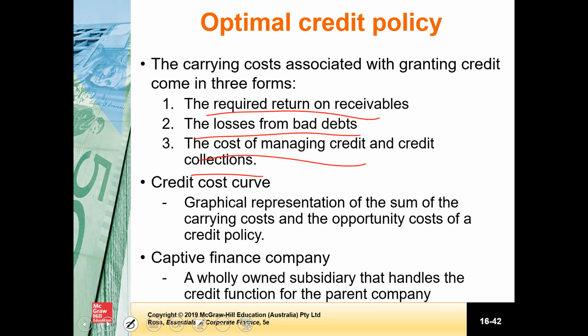This foregone benefit comes from two sources: the increase in quantity sold and potentially a higher price. These costs go down as credit policies relax. The sum of carrying costs and the opportunity cost of a particular credit policy is called the credit cost curve.